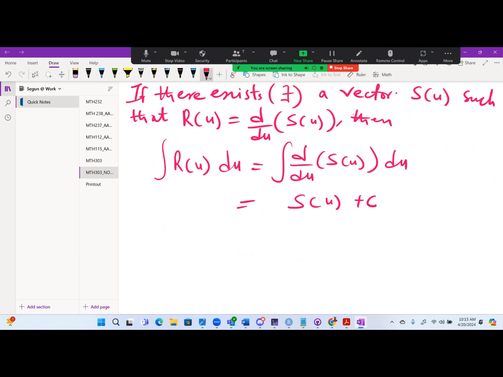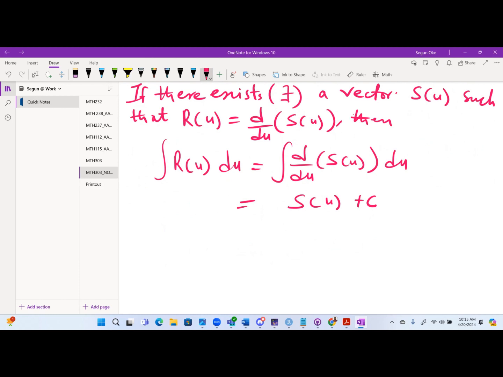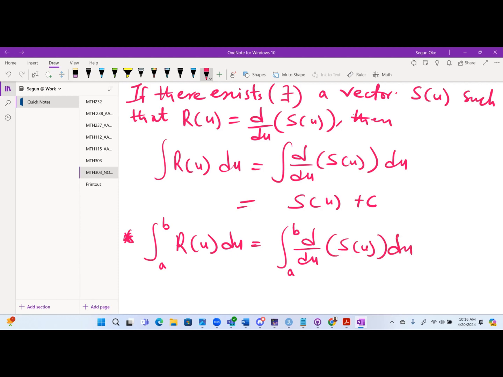And for definite integral, we can have a definite integral from a to b, where a is the lower limit and b is the upper limit, of R of u du, which is equal to the integral from a to b of d du of S of u du.